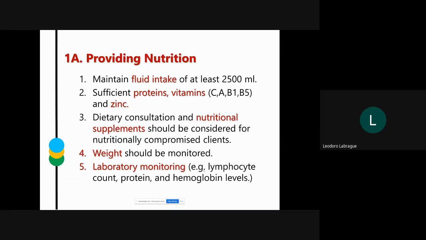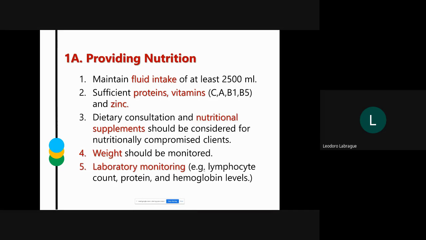Now, part of this intervention is we monitor also the weight of our patient. Why? Because the weight of our patient will tell us whether the patient is well-nourished or malnourished. And of course, part of our intervention is laboratory monitoring.